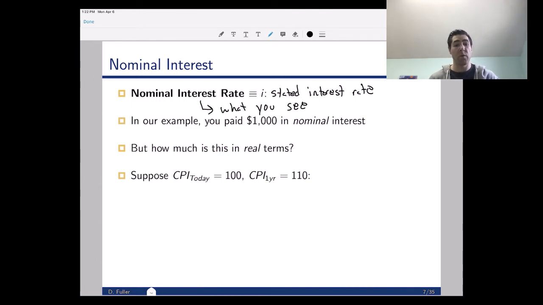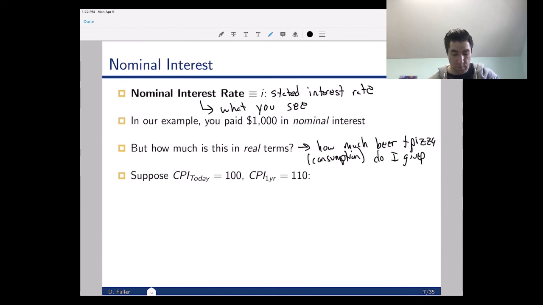And the next thing that we want to try and tackle is to figure out how much is this going to be in real terms, meaning how much other stuff do I give up? In our previous examples, that was, say, beer and pizza. Do I give up by paying this interest? So how much beer and pizza, that's just consumption, do I give up?